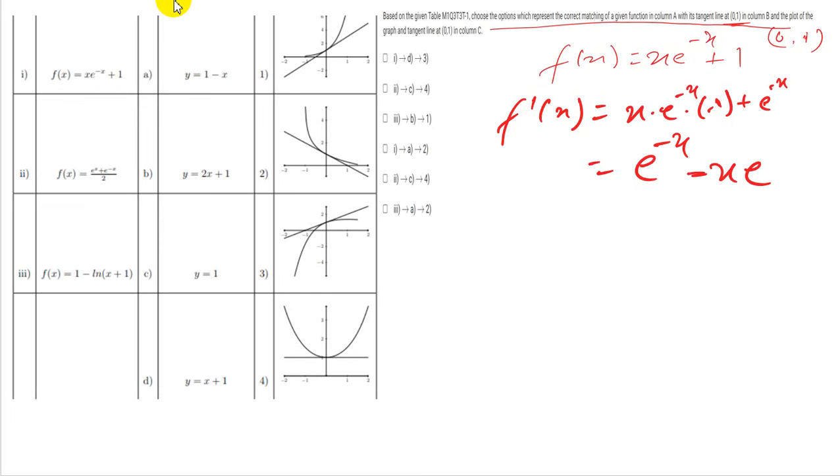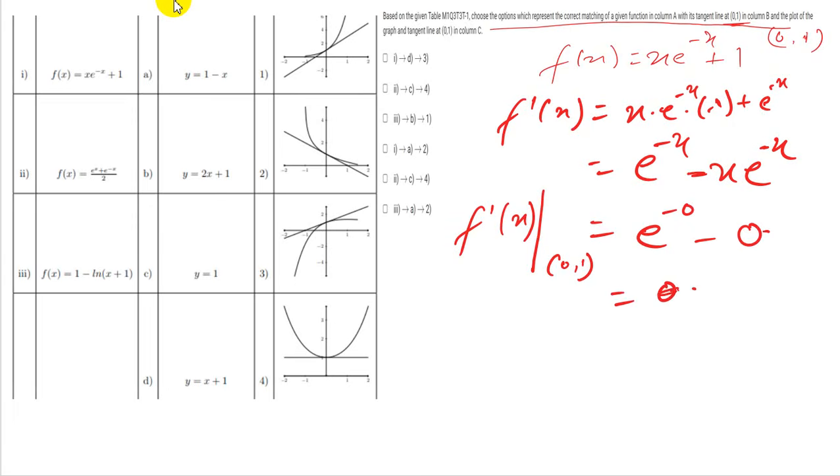So we got this. So f dash x at 0, 1 will be what? Since the value of x is 0, so e to the power minus 0 minus 0, which is equal to nothing but 1.